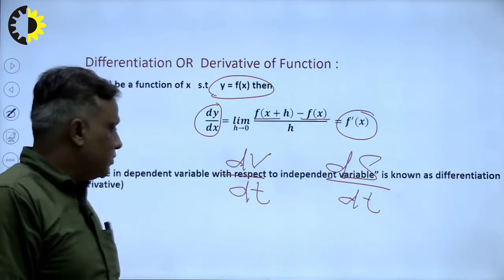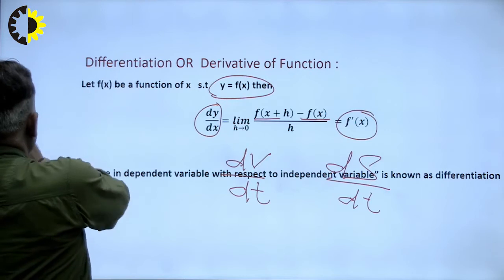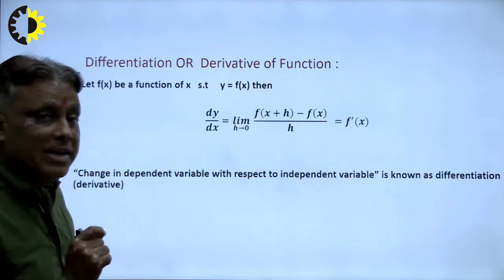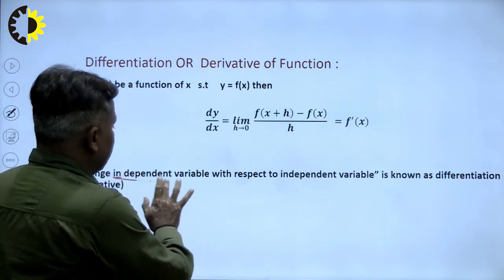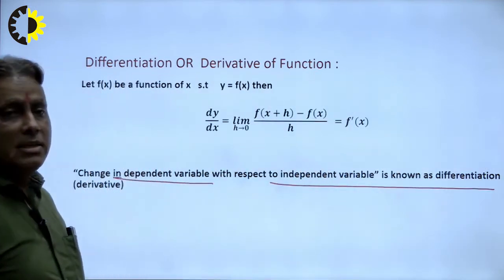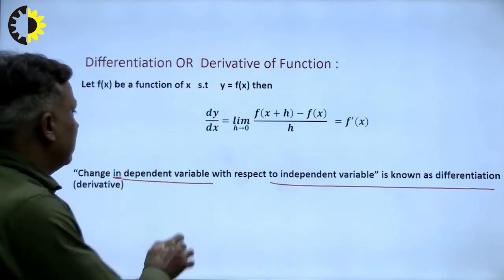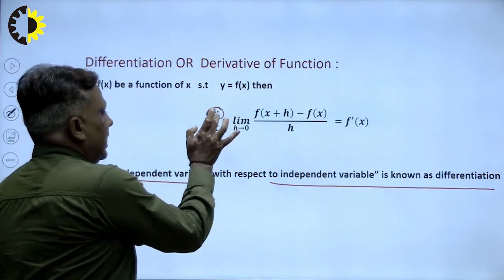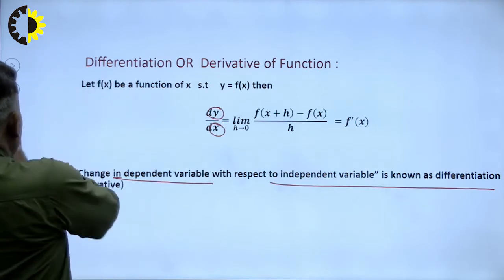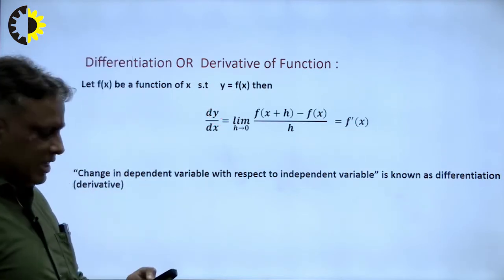Next, what is the definition? The change in the dependent variable with respect to the independent variable is known as the derivative or differentiation. Y is the dependent variable and x is the independent variable here. In this way we find the basic concept of differentiation.